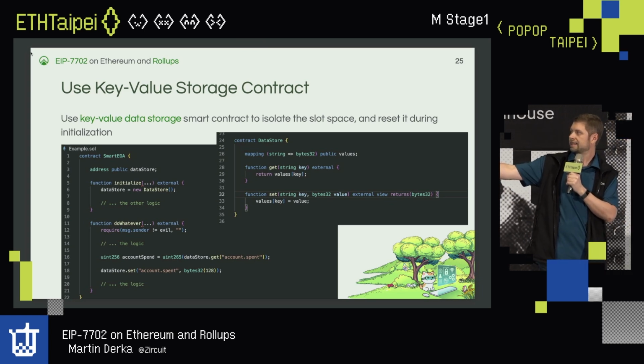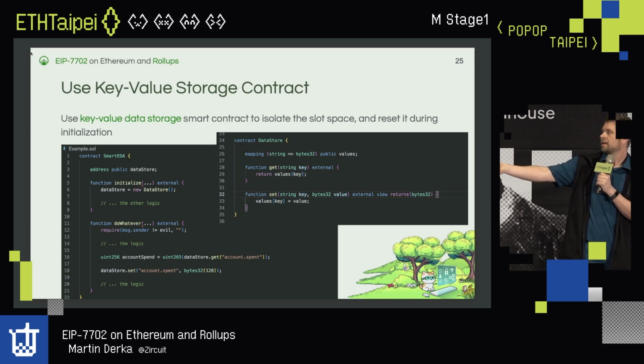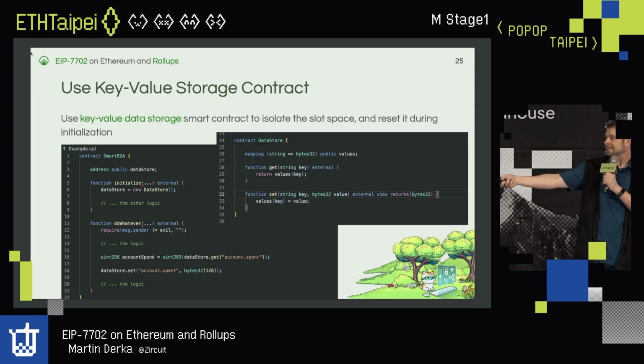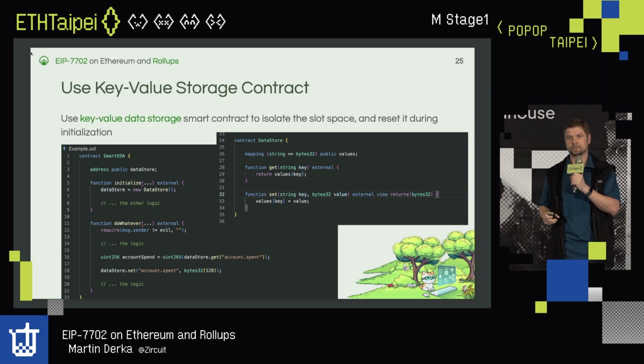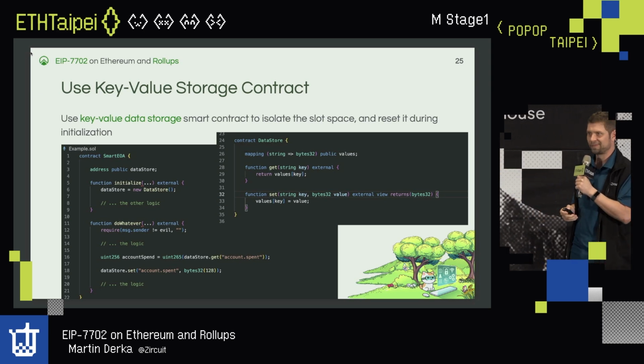You would have a data store that would be a reference to this instance of the data store. Then you would have some initialization step where you would always create a new instance. And thanks to that, these gets and sets would operate in the context of this new instance of a data store. That's a smart way of quickly wiping out the storage.